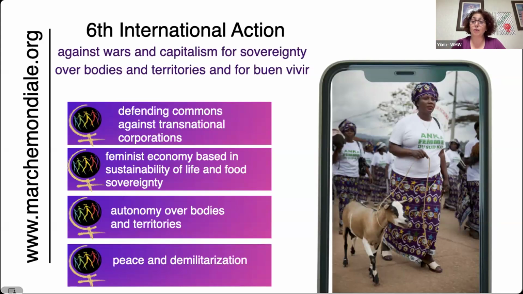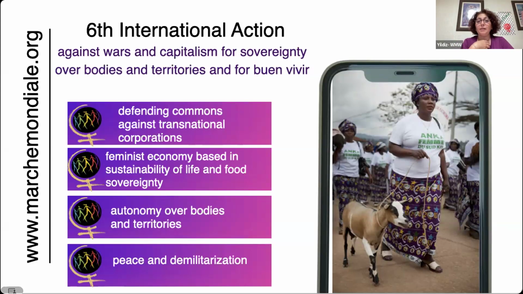So our coordinations connect them to each other and their struggles, and they also influence our international agenda. So it is very important, defending commons against transnational corporations.